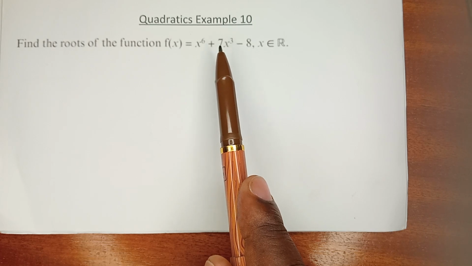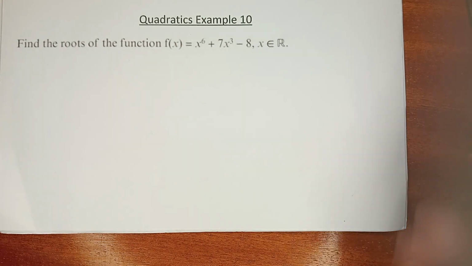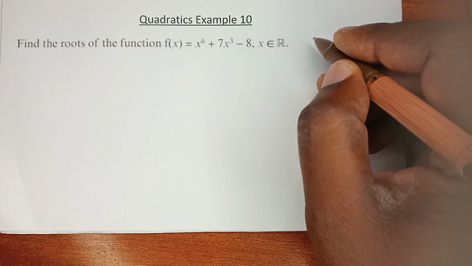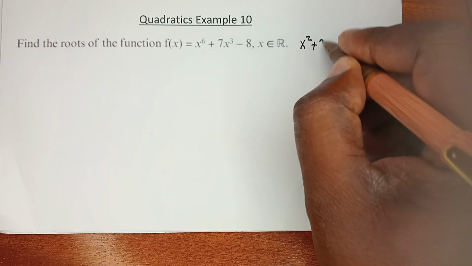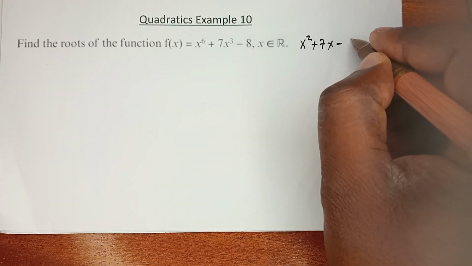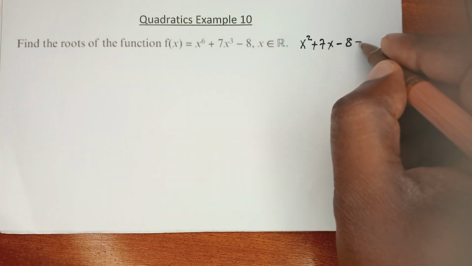You will agree with me that the general quadratic equation that should be solved is x squared plus 7x minus 8 is equals to 0.